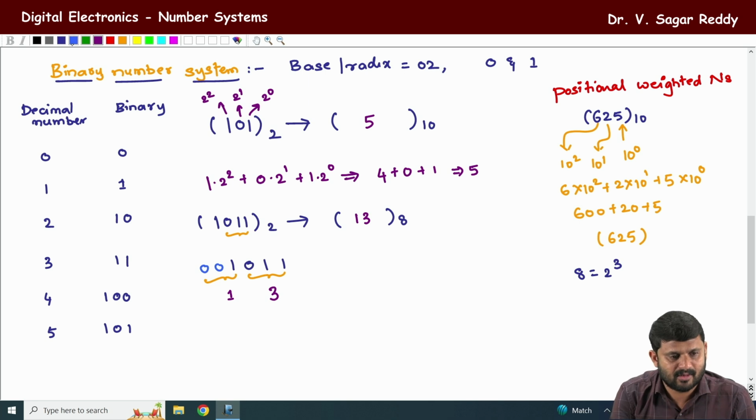Then I'll give one more number. Now I want to convert a binary number into hexadecimal. For example, I'll take 10110101.